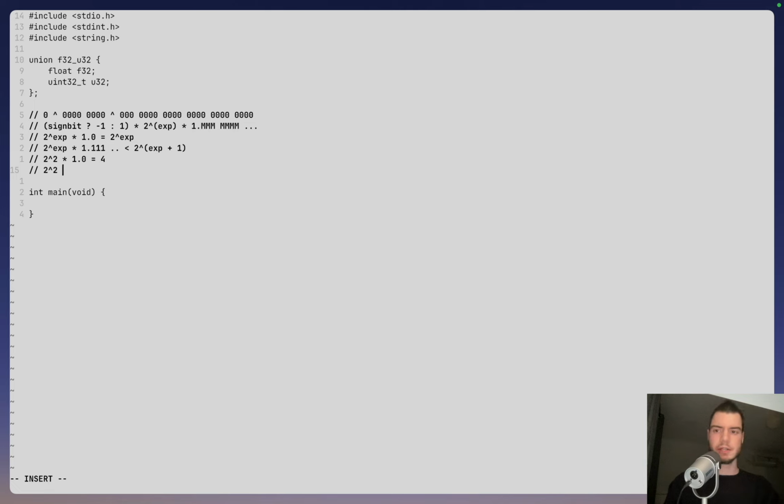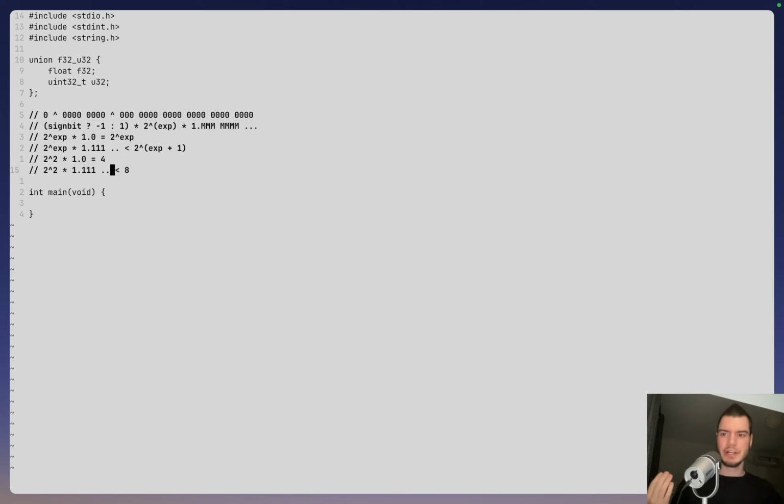If again our exponent is 2 and our mantissa bits are all 1, we get a value that is close, but not quite 8, because we are multiplying 2 to the power of 2 times a value that is almost, but not quite 2.